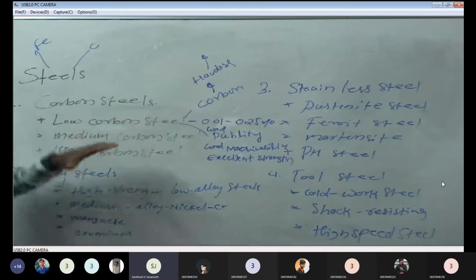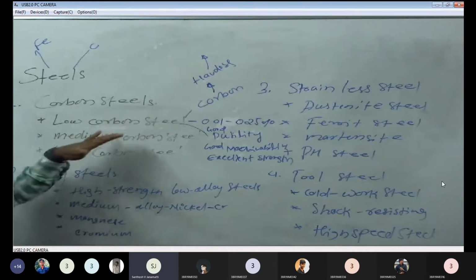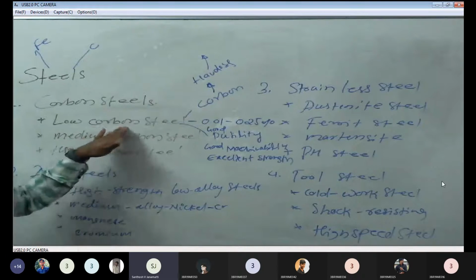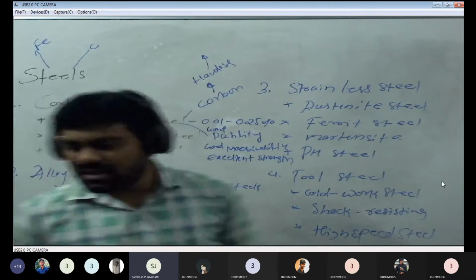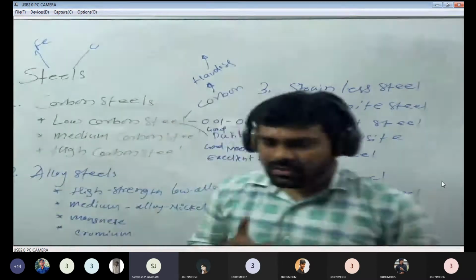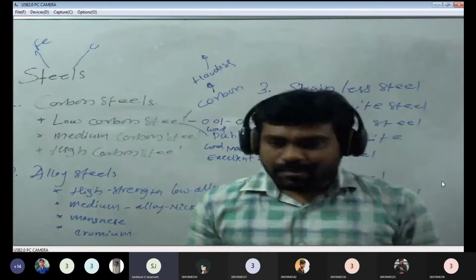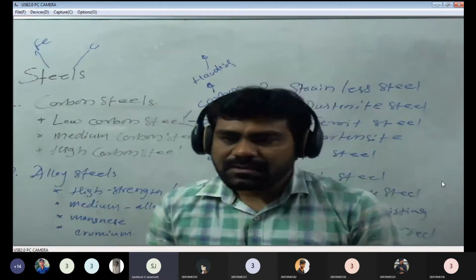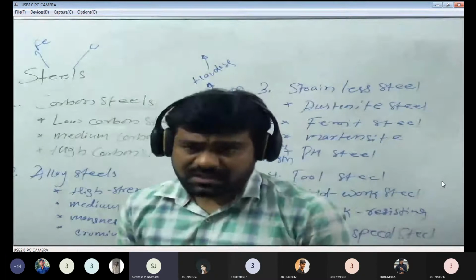I hope you understand. Where exactly can we use this low carbon steel? Domestic applications or structural applications. Structural applications, in the sense, window grills. Window grill is the best example for low carbon steel. Also, you might have experience with benches and chairs made of metallic materials.